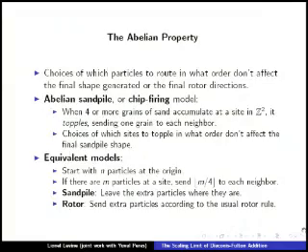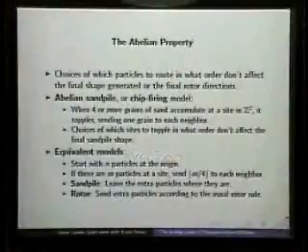On the other hand, for the rotor-router model, we're only allowed to keep 1 particle at every site. So if there's a remainder mod 4, we're going to send the extra particles to the neighbors according to which direction the rotor is pointing. And it's a simple consequence of this Abelian property that if you run the model using these rules, you'll get the same final state.